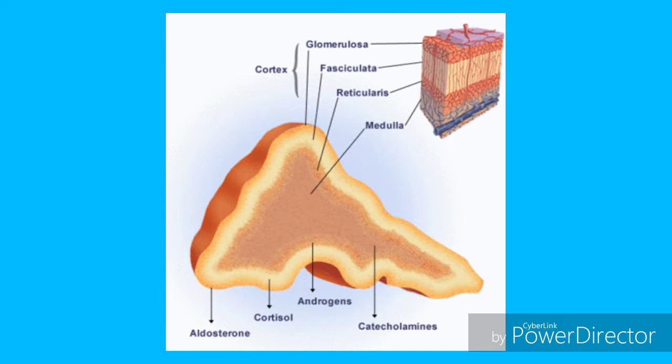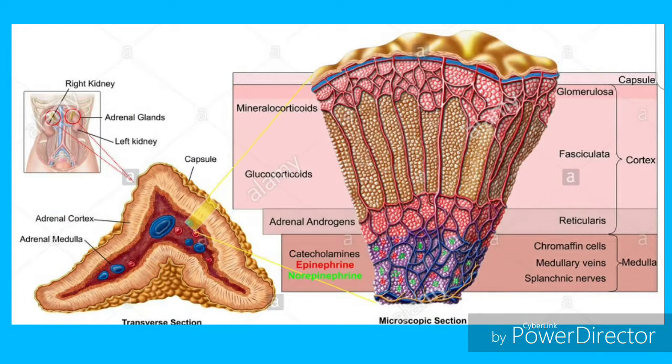The adrenal glands have an outer cortex and an inner medulla. The outer cortex is divided into three zones. The three zones are called the zona glomerulosa, the zona fasciculata, and the zona reticularis. Each zone secretes different hormones. The zona glomerulosa secretes aldosterone, which regulates the sodium and water balance within the body.